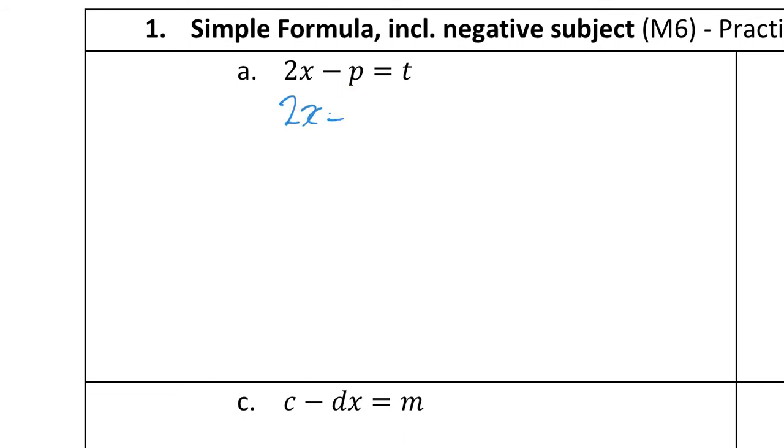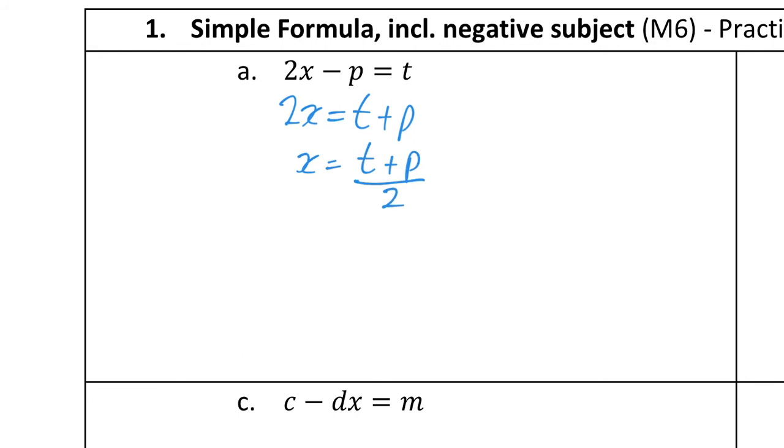The inverse of taking away p is adding p. So you have 2x is equal to t plus p. Now the only thing that's happening to the x is being multiplied by 2, so the opposite is dividing by 2. So how I write this is t plus p all divided by 2.